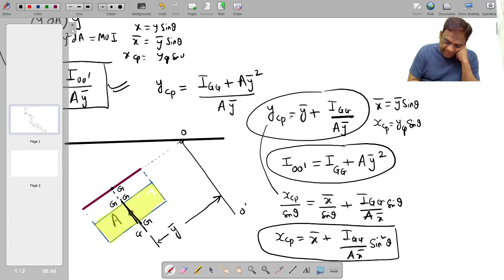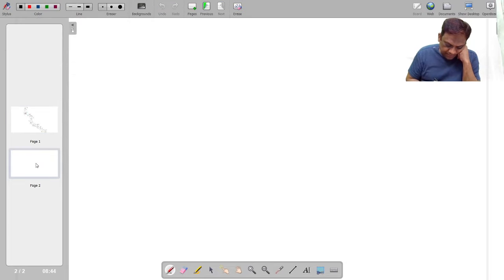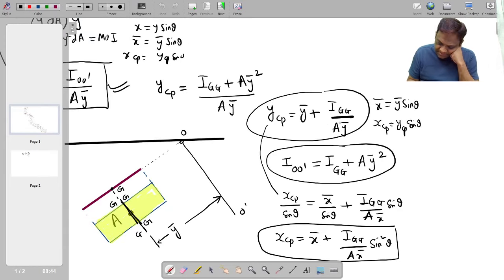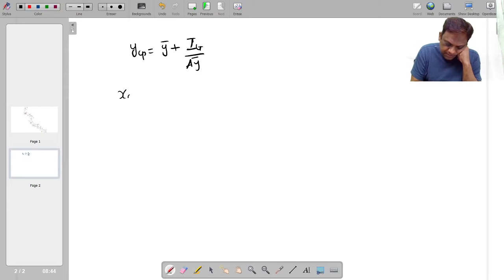YCP is y bar plus IG by A y bar, and XCP is x bar plus IG by A x bar sin square theta.